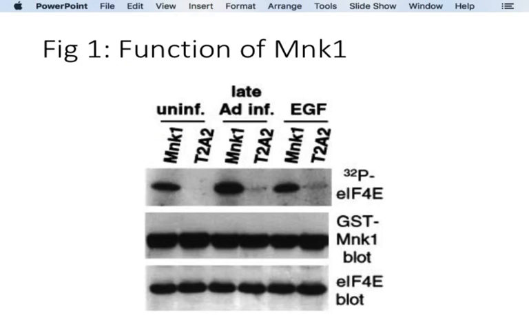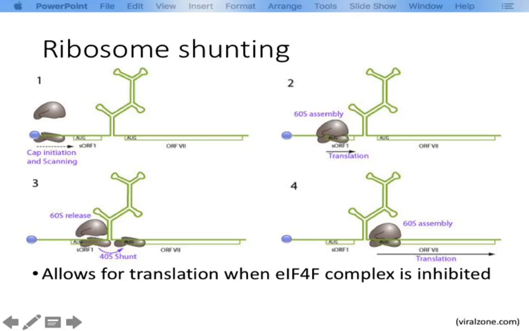And after that scanning at the 5' end, you've got this hairpin structure, something that looks like an iris, that the ribosome just kind of bypasses or shunts past. It kind of skips all these base pairs that make up that hairpin loop structure. This is how adenovirus translates what we call its late genes, those that are produced later on in infection.